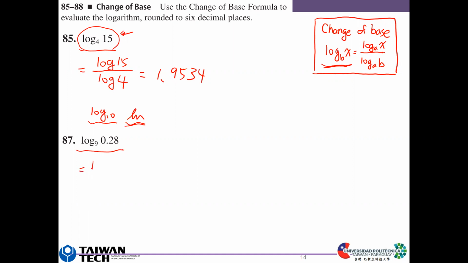So you need to convert it to base 10. So you have log 0.28 divided by log 9. Then, since you don't have the calculator, you round it to 6 decimal places.